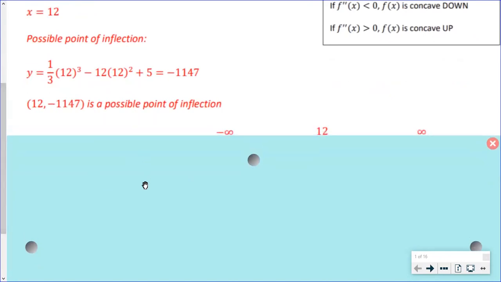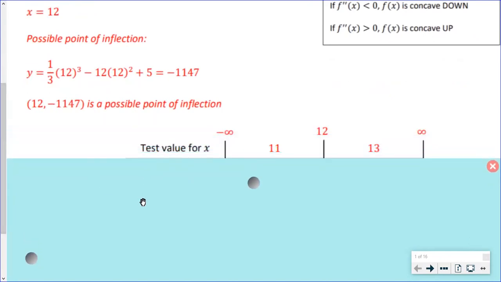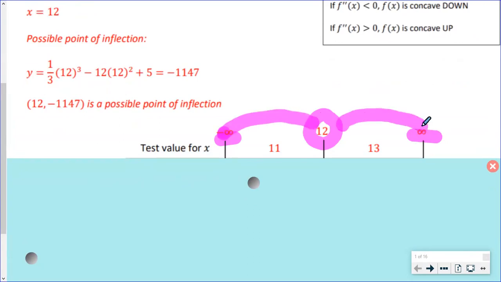So if I take my possible point of inflection, and we always have the negative infinity and the positive infinity on the outsides, that gives us 2 intervals in our table, and I'm choosing test values that are close to the possible inflection points.